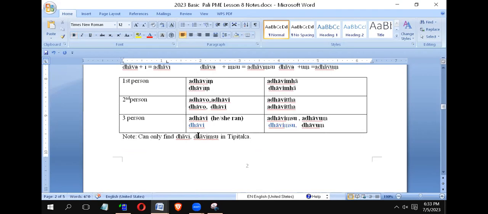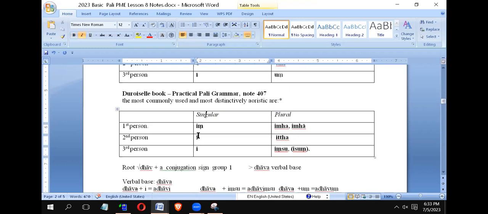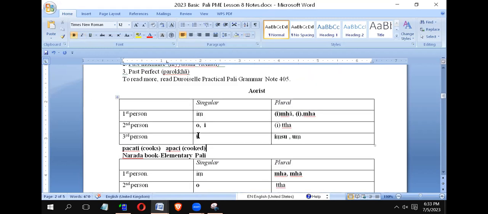For this one, imsu, you have the root pac plus imsu: pachimsu. This means that they cooked. Or pac plus this one, but I think this form is seldom, it's not so common here. So this is the one that we see in the Pāļi Made Easy.